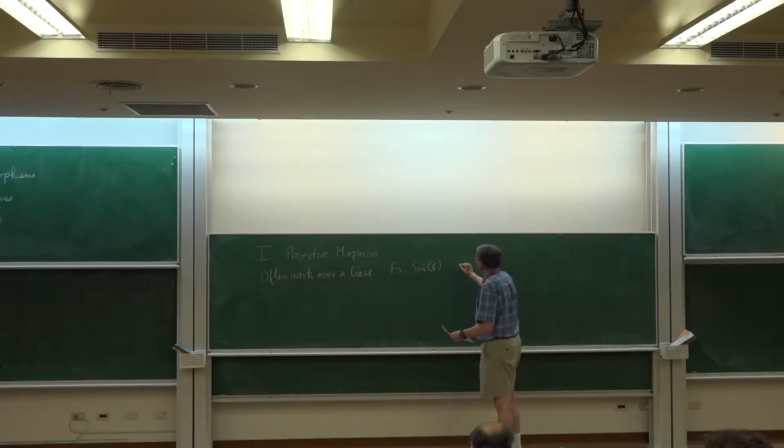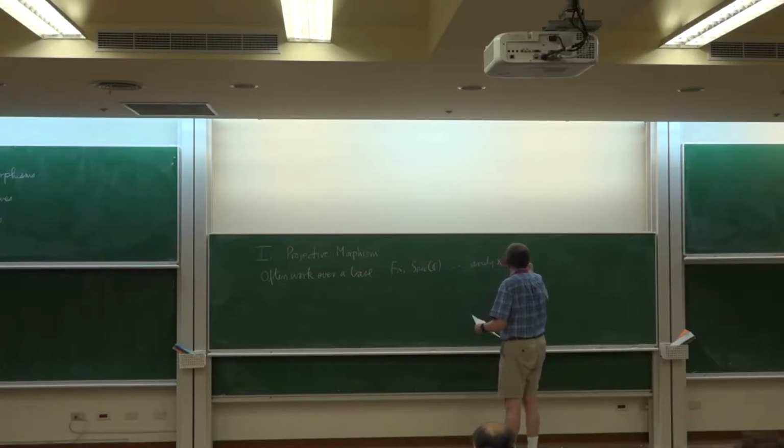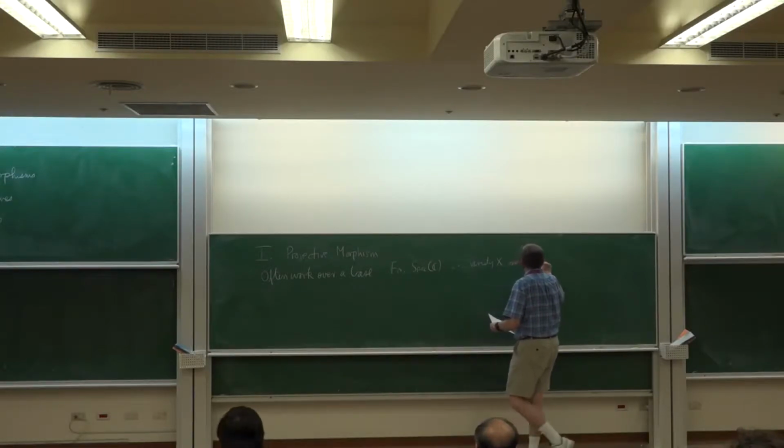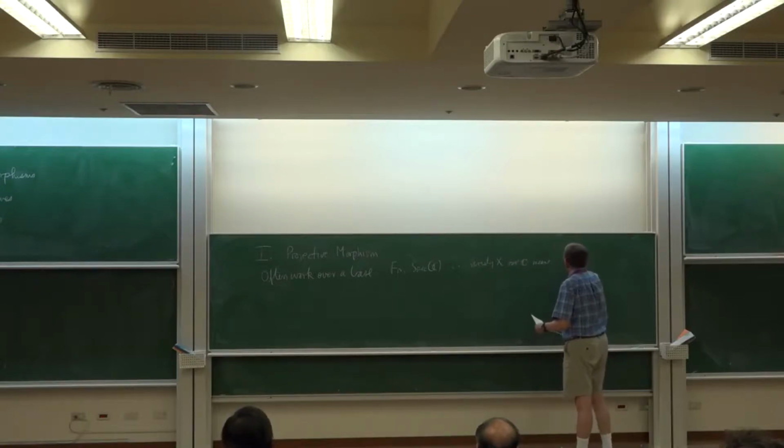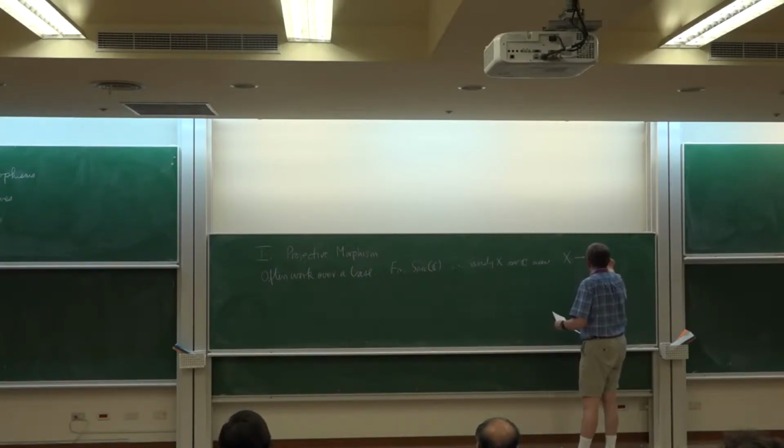And so a variety X over C really means a morphism from X into Spec C.